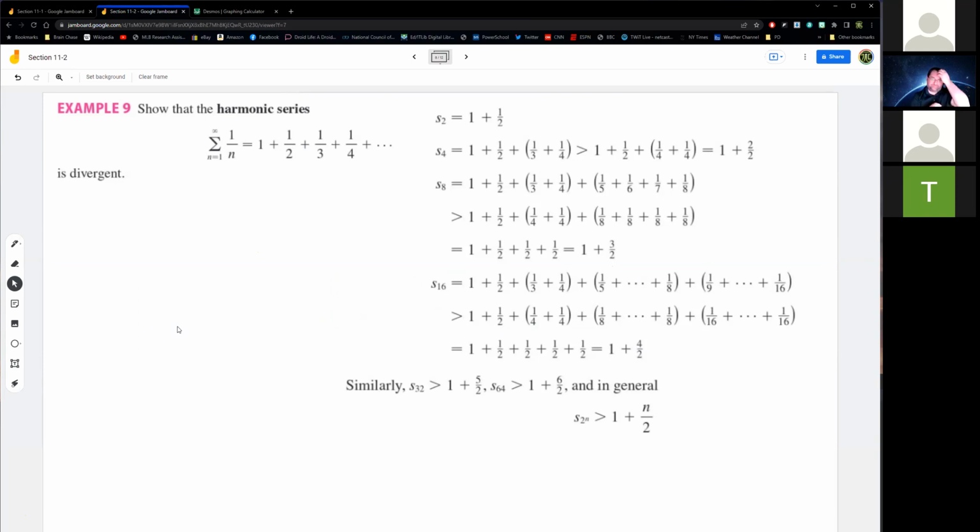So 1 plus a half would be 3 over 2. So 3 halves. The fourth one would be 1 plus 1/2 plus 1/3 plus 1/4, correct? That's the first 4 terms. This is where they do something crazy. They're saying, well, that's bigger than 1 plus a half plus a fourth plus a fourth. Is that true?